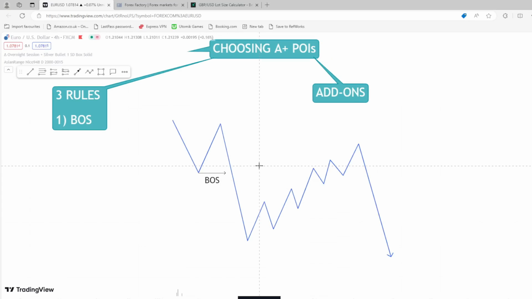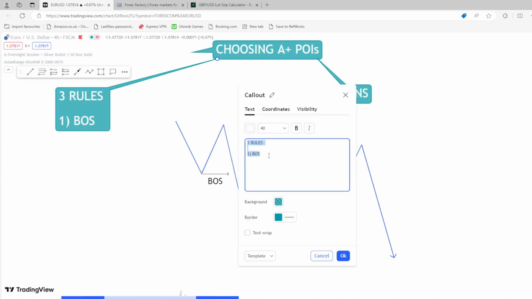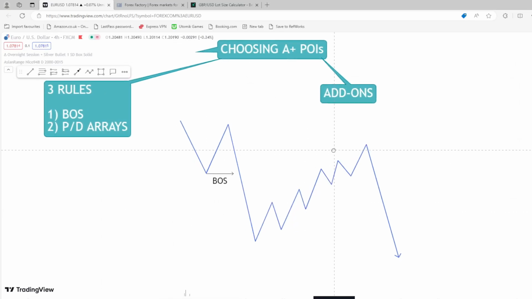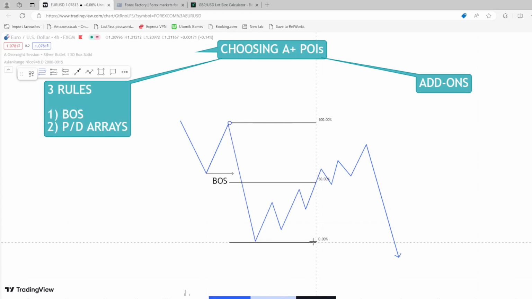The second thing we want to be looking at is correct pricing. So we want to be looking at our PD arrays. If we're selling, we need to be selling in the premium, above the 50% level. So our PD arrays are very important to look at. How do we mark out our PD arrays? Simply put, a PD array will be taken from the most recent swing high down to the swing low.